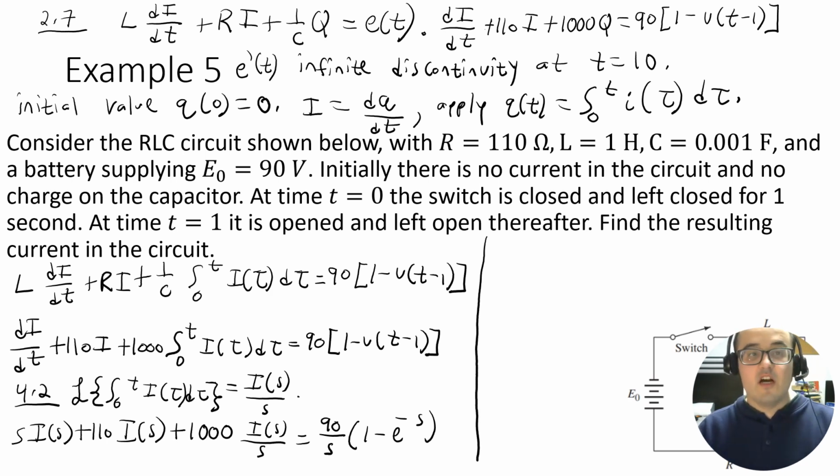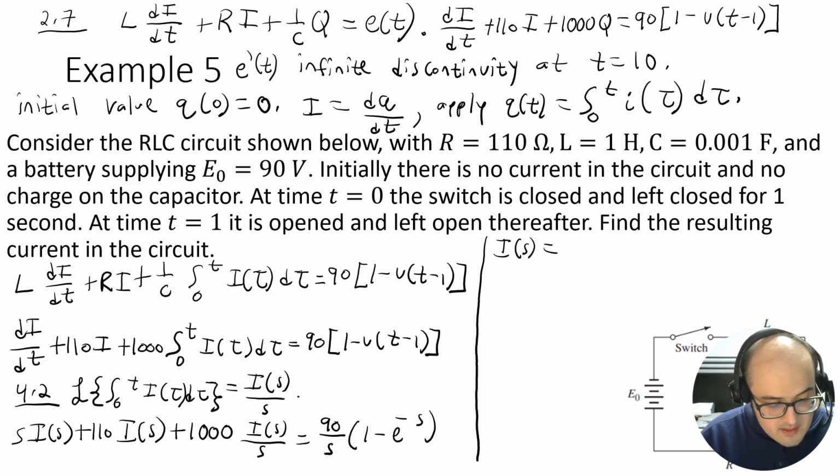Okay. So from all of that, we could solve this. Right? So I of s would be 90 times 1 minus e to the negative s divided by s squared plus 110s plus 1,000.